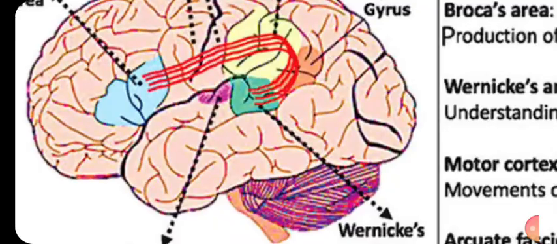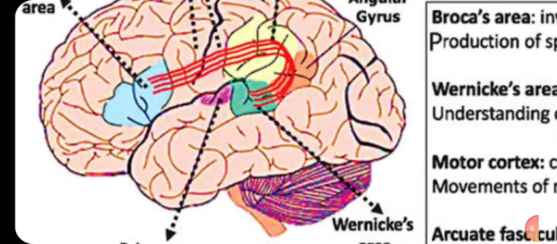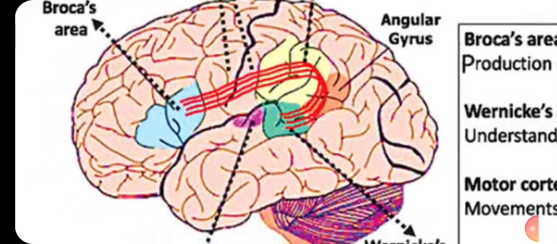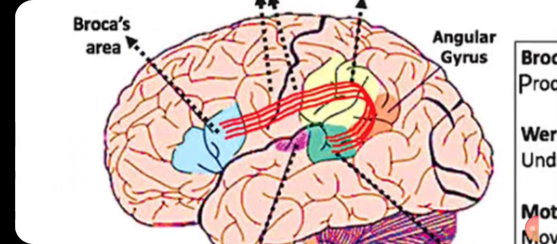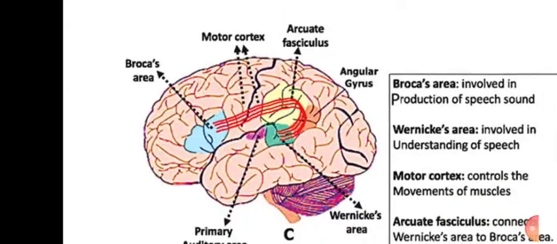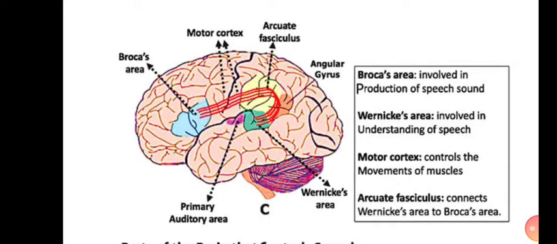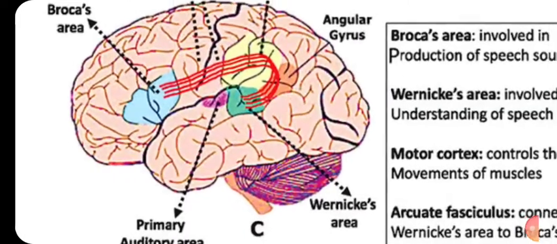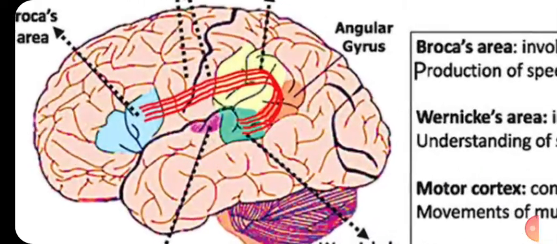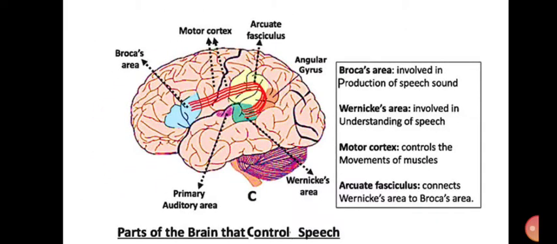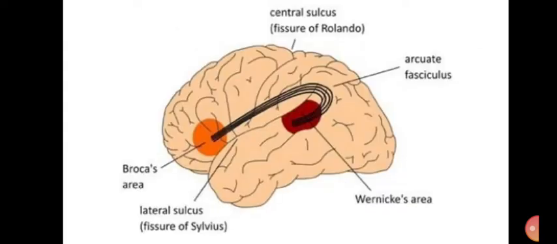These will be discussed in further lectures. As you can see, the red fiber over here is sort of connecting the Wernicke's area with the Broca's area. And these fibers are known as arcuate fasciculus. These are very significant because if these fibers are damaged somehow, they form a certain type of aphasia that will be discussed in further lectures.